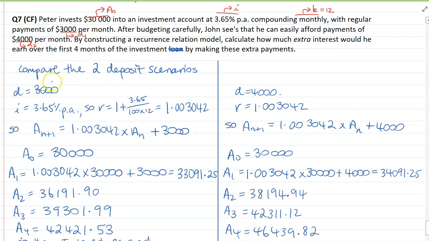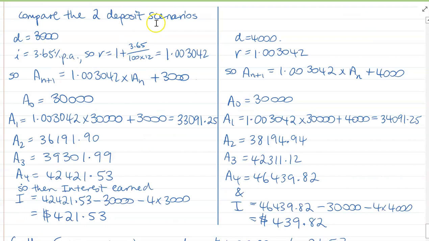Okay, so if we compare those two deposit scenarios, looking through the $3,000 deposit scenario, we should have had a rate of 1.003042, and then if I set up my recursion, hopefully yours looks similar, and using my calculator, just pumping out those first 4 months of recursion.